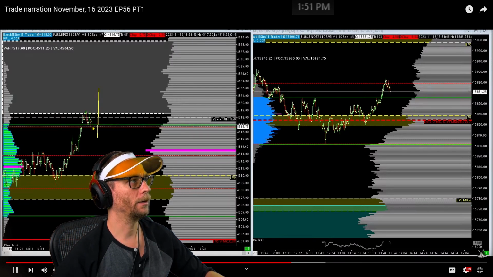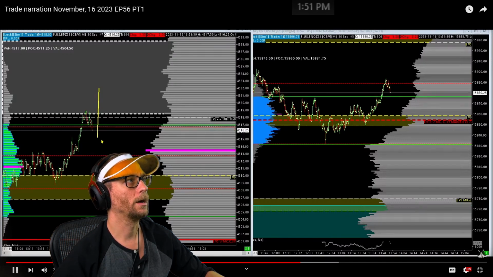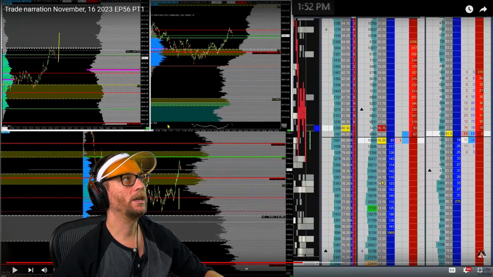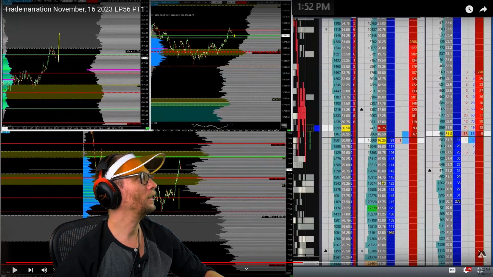So now we're here on that red line. It is accepting above it. So we give it a shot again because it is going below the low node, and also NQ is well below that red line.